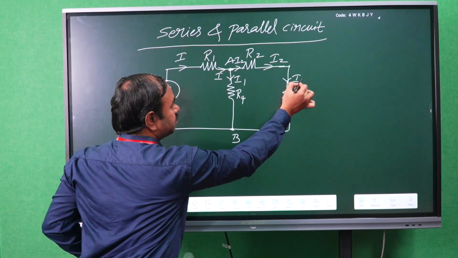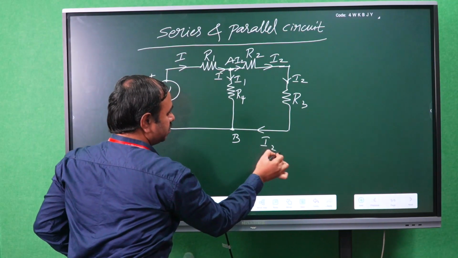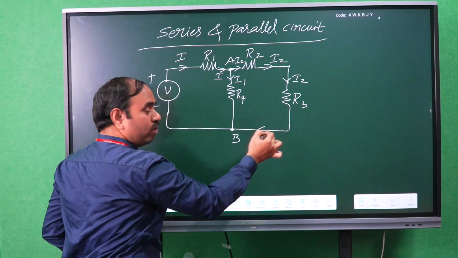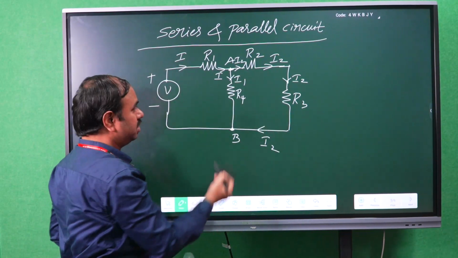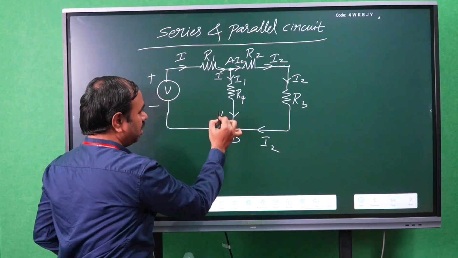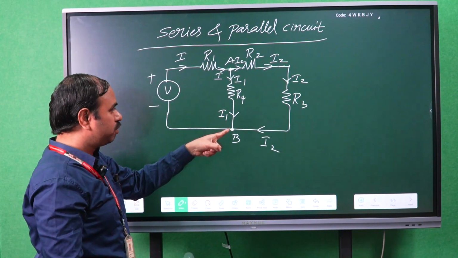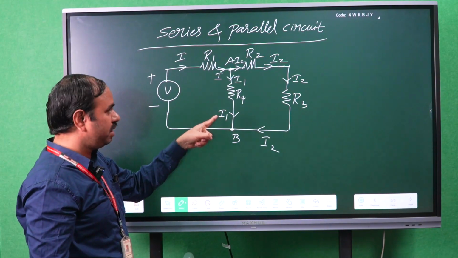The same I2 is flowing in R2 and R3, whereas I1 current is flowing in R4 up to node B.